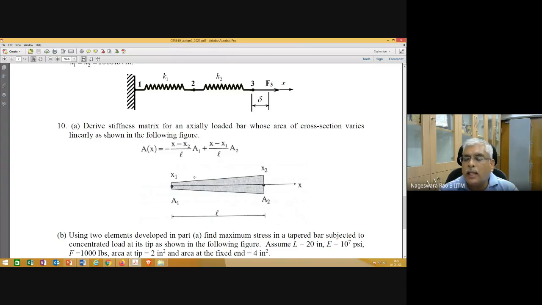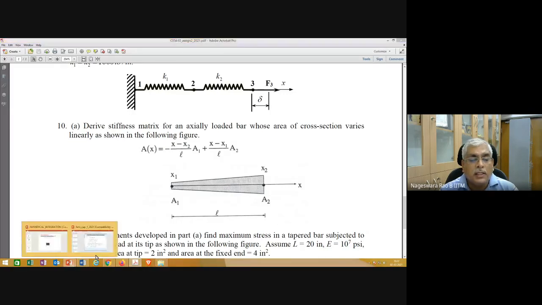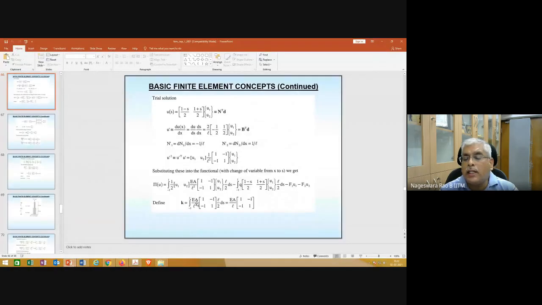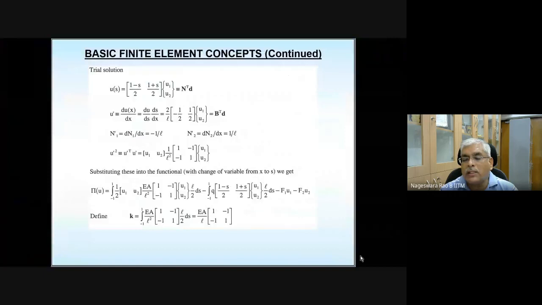So the shape need not be linear, or it can have some other shape. This variation can be quadratic or whatever. If that is the case, your integrand is not going to be simple.